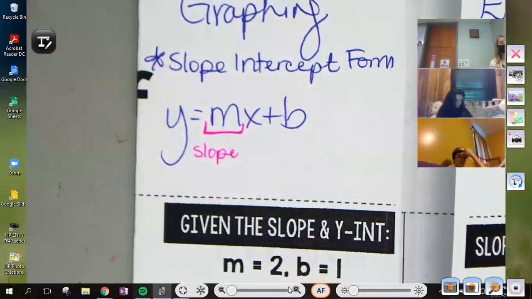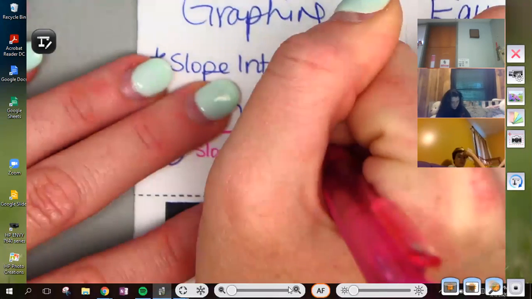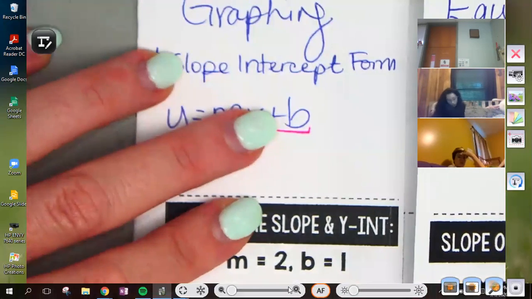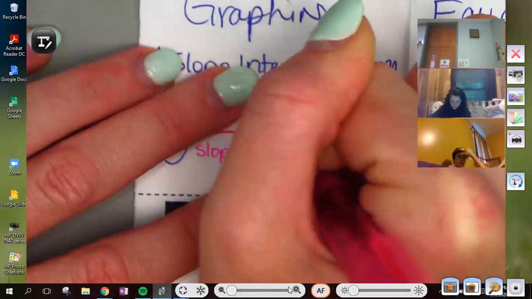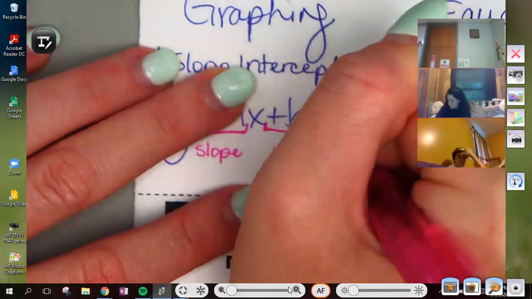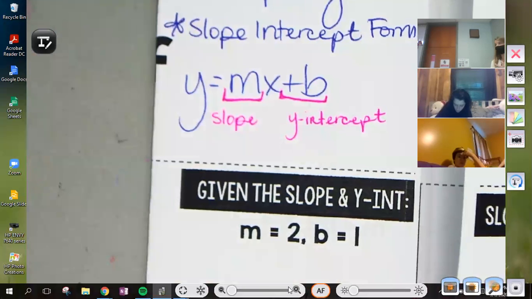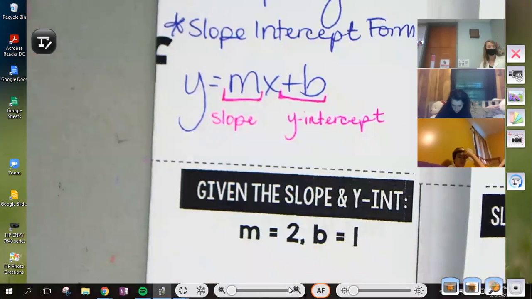The number that is all by itself over here, it's usually a whole number, and I'm including the operation because that tells you whether it's positive or negative, is always going to be the y-intercept. So if you have an equation that is set equal to y, then you know what the slope is because it's the number next to x, and you know the y-intercept because it's the number by itself.